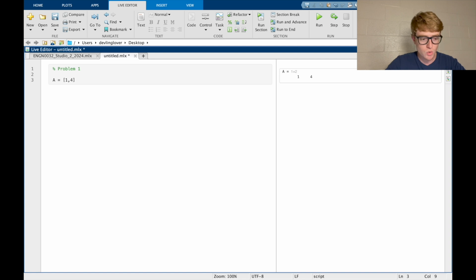If I wanted to do a matrix, then I could comma separate elements in each row, and then to create a new row, I might put a semicolon. So like this will create a new row, and then the columns are spaced with the commas. So if I run that, now you can see it creates a matrix.